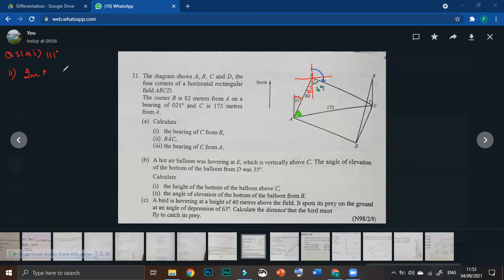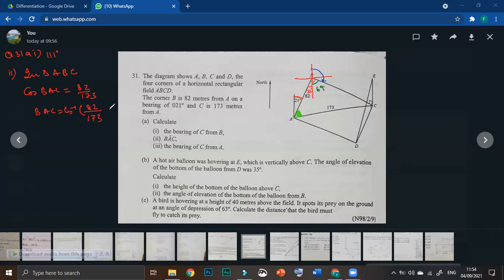In triangle ABC, 173 is the hypotenuse and 82 is the base. So we will use cos. Cos BAC is equal to 82 over 173. BAC is equal to cos inverse 82 over 173.